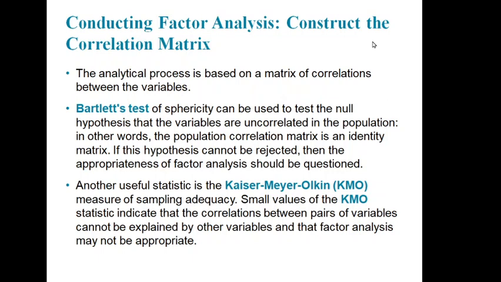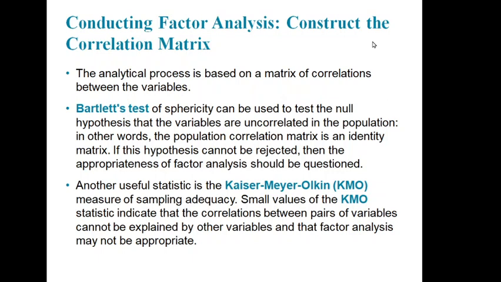So, next is to construct the correlation matrix. The analytical process is based on a matrix of correlations between the variables. When you construct the correlation matrix, the first thing that you will do is the Bartlett's test of sphericity, which can be used to test the null hypothesis that the variables are uncorrelated in the population.